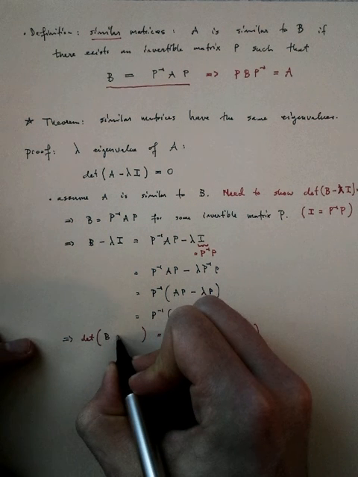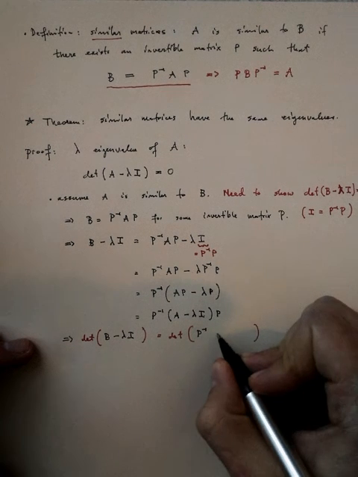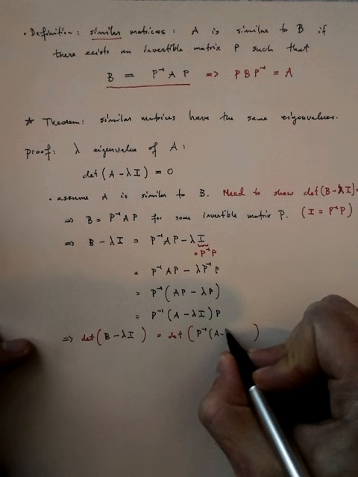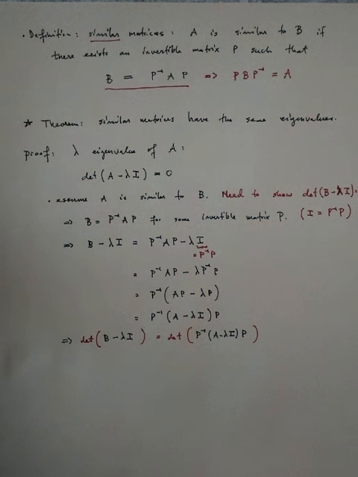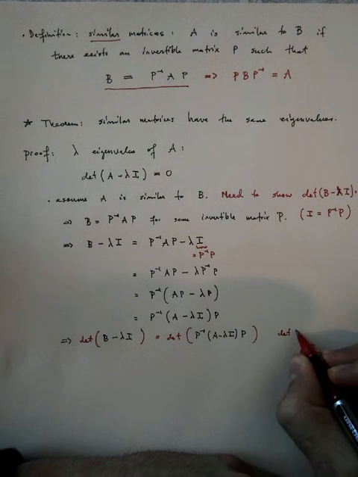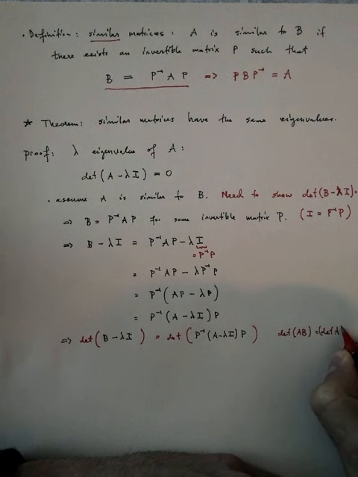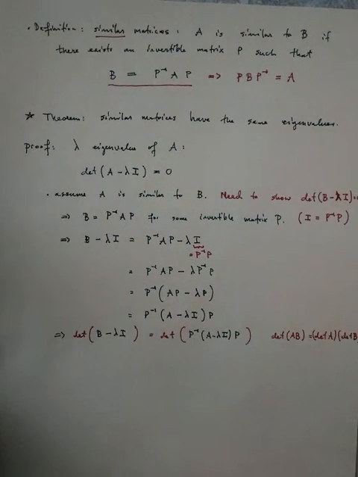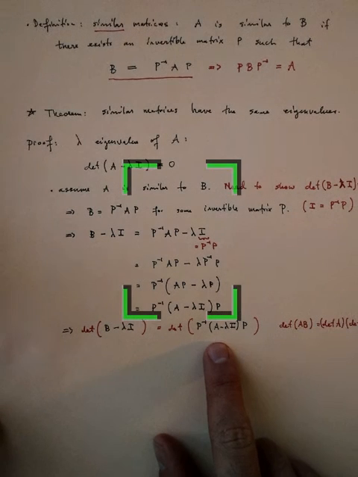On the left side, I've got B minus lambda I, and on the right side, I got P inverse A minus lambda I P. This is a product, so remember that the determinant of AB is determinant of A times determinant of B. So I can split this guy up into a product of three determinants.